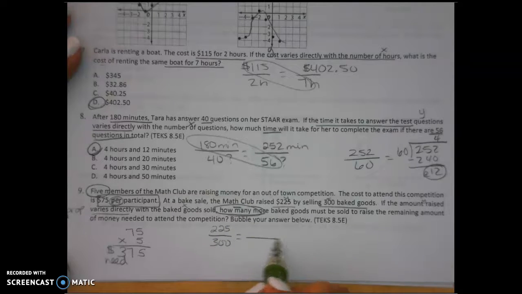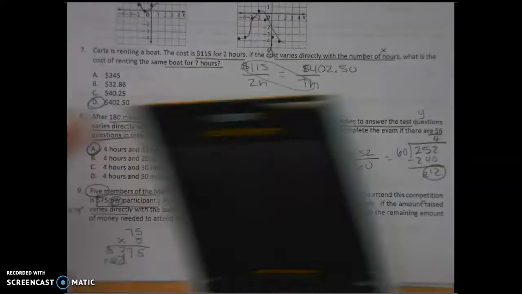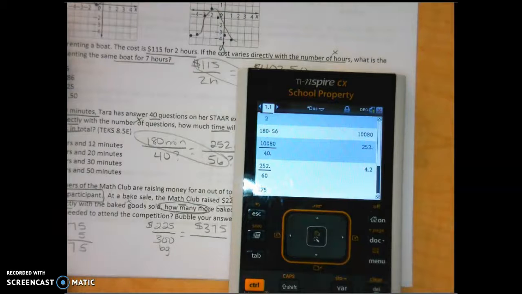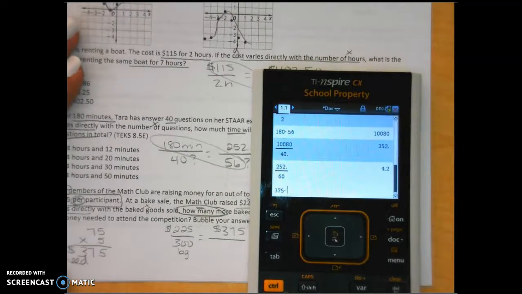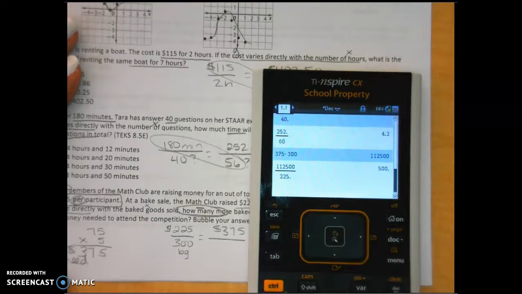And we need to raise, and if we put some labels on here, $225, 300 baked goods, and we need $375. So again, we're making a proportion. We're going to cross multiply here. 375 times 300 divided by 225 is 500.